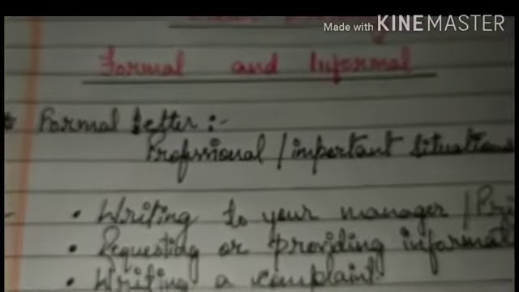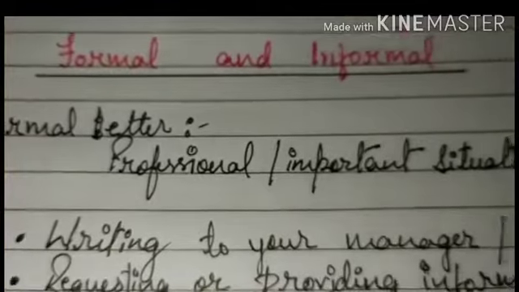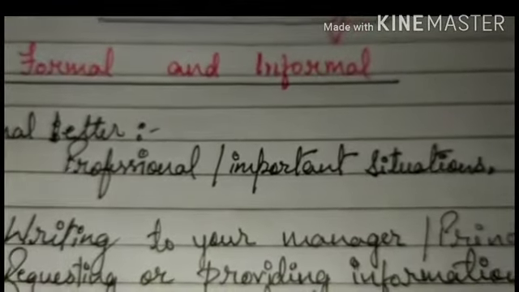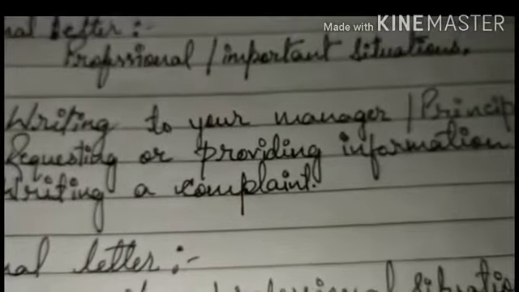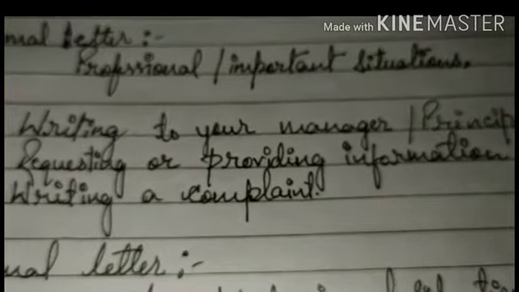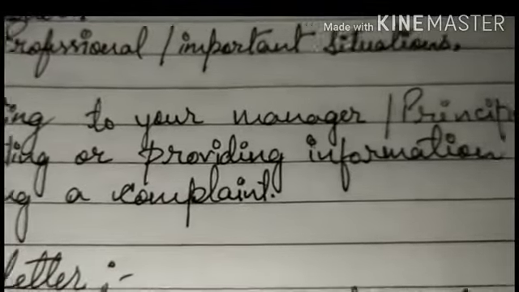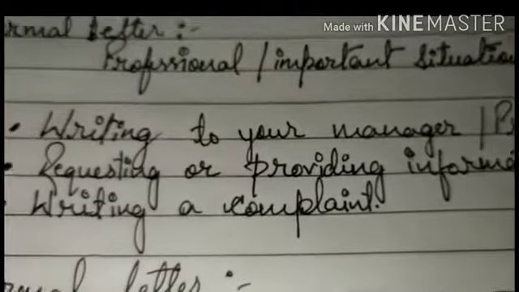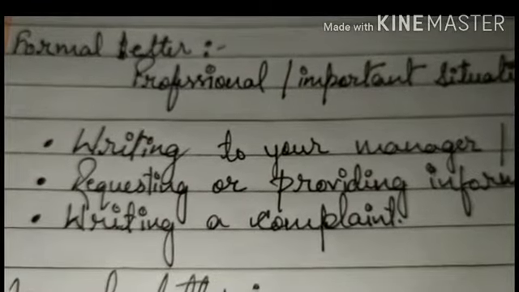Here you can see formal letter. The formal letters are for professional or important situations, like writing to the principal or writing to a manager, requesting or providing information, writing a complaint. These all come under formal letter.